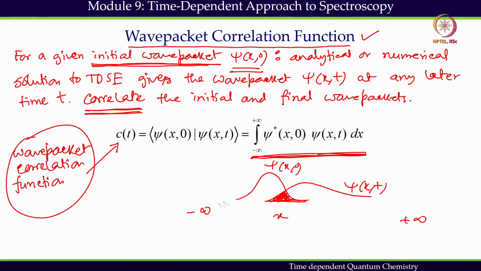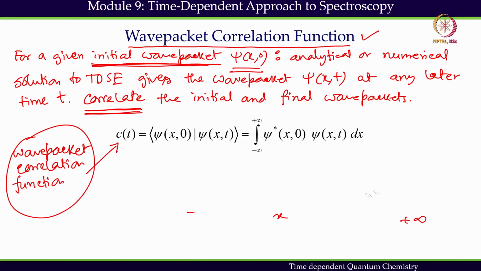In order to do that, we will follow the approach we have always taken in this course. We know that this psi xt, the wave function of the particle of a quantum system at time t, one can say this is the wave packet, can be expressed as a linear combination of orthonormal eigenstates.